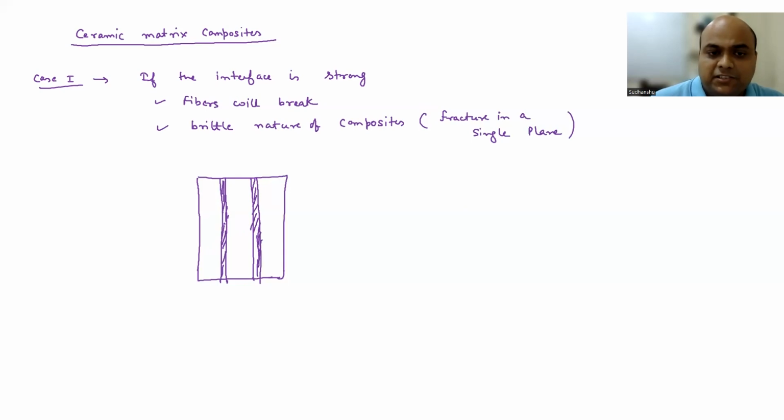So if the interface is strong, what is going to happen? Your fiber will break, right? So suppose a crack is coming. So your fiber will break here. This crack will just join, and then this is ceramic. As soon as it comes here, the fiber breaks again. So what you see is a planar crack. This will happen when your interface is strong.